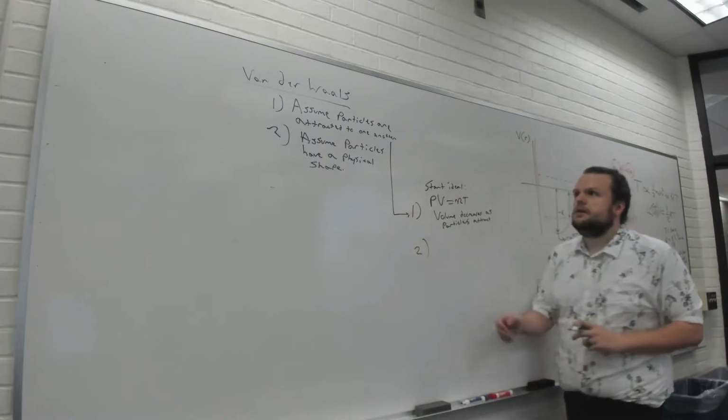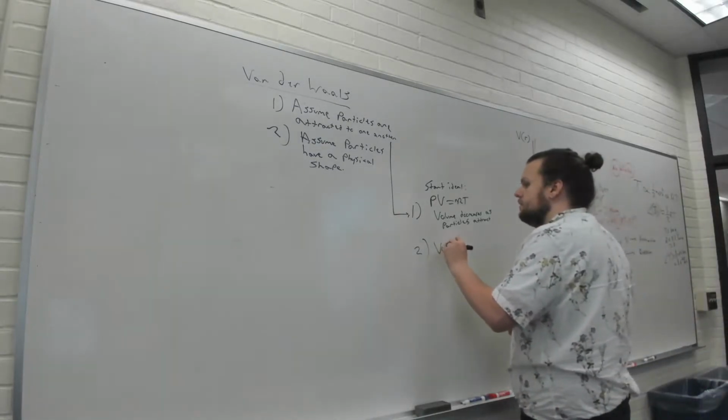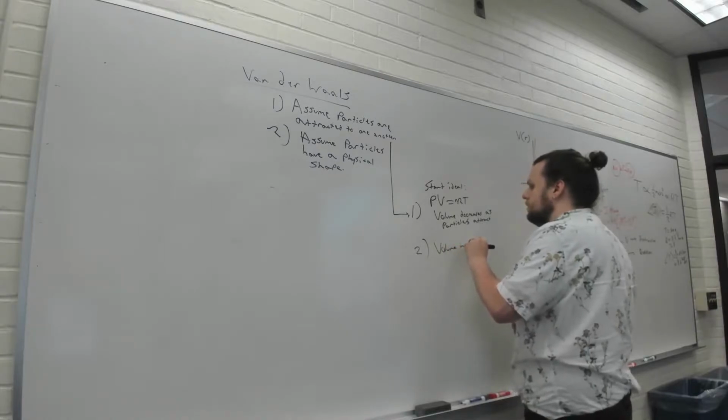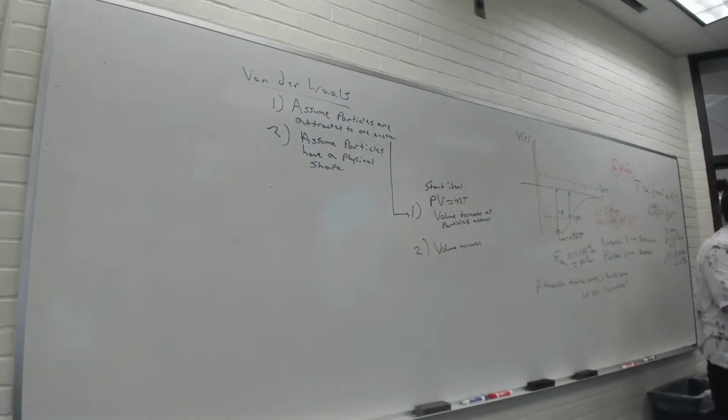Likewise, what happens to our volume if the particles have a physical shape or a size? Yeah, it increases. We have two different competing effects. Now you can't fit as many particles in a unit area because they've got some shape.